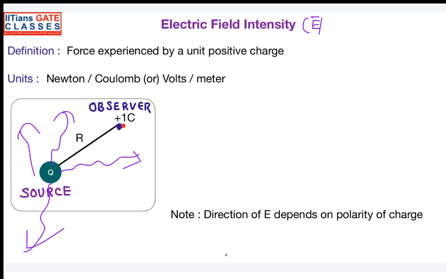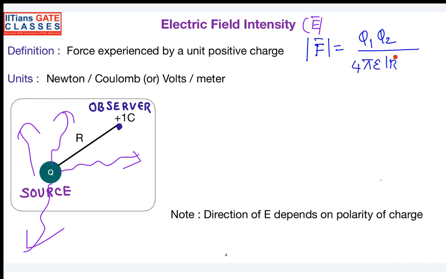So first of all, to understand about this, what does Coulomb's law say? The magnitude of the force will be Q1 Q2 divided by 4 pi epsilon r square. So if you look at the definition for electric field intensity, the magnitude will be what? Q1 is straight away Q, and instead of Q2, you can replace the value of Q2 with 1 Coulomb.